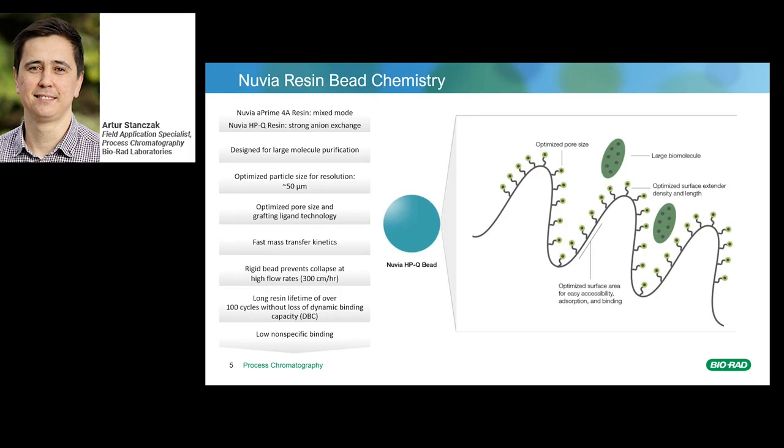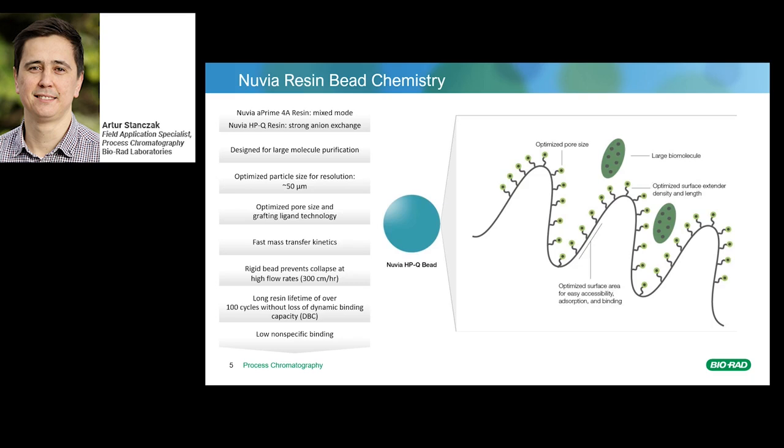In order to address the need of processing large molecules, a modern type of resin was developed. Some of the resins' features are essential to achieve productivity goals. Here presented are Nuvia resin family members such as Nuvia E'4A, a mixed-mode resin with hydrophobic and anion exchange modalities, and Nuvia HPQ, a strong anion exchanger, designed for handling large molecules.